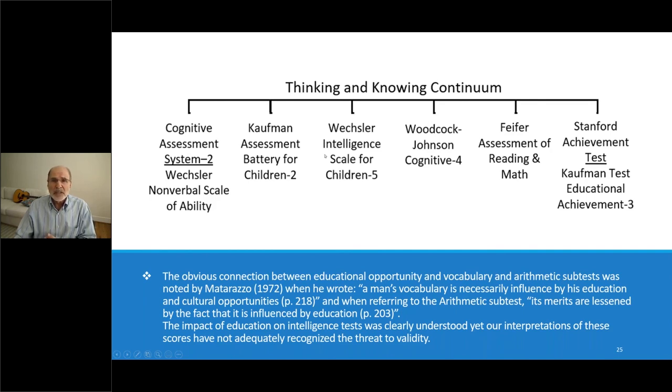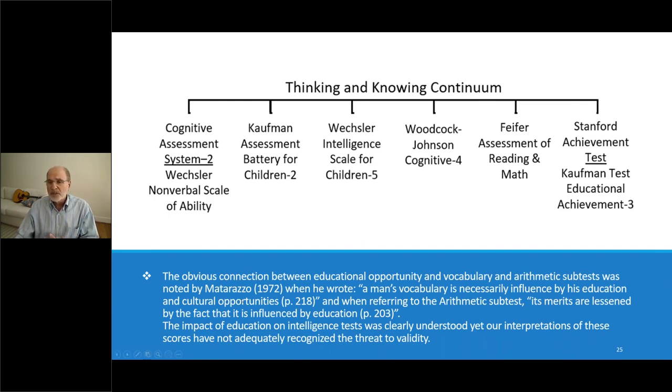When you get to the Woodcock Cognitive and the WISC and the KABC, if you're not using the Luria model, then these are confounded by knowledge. It's not until you get to the nonverbal tests, like the CAS or the UNIT, for example, Bruce Bracken's and Steve McCallum's, that you get tests that are going to measure thinking more than knowing.